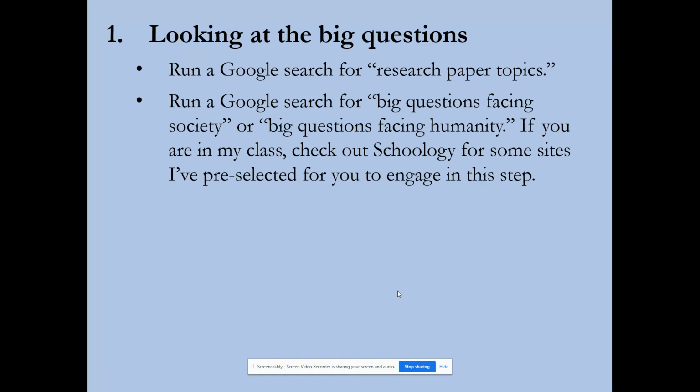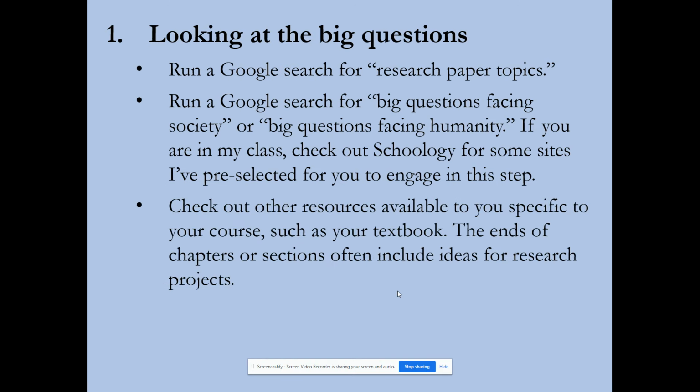If you're in my class, I'm actually going to post some links directly to some websites to Schoology for you to look at that do both of these things. I essentially did these steps for you and found some things that I've pre-selected that you can look up. You could also check out some other resources available to you that are specific to your class.